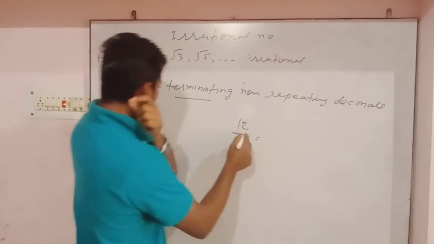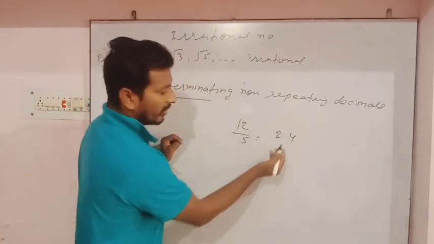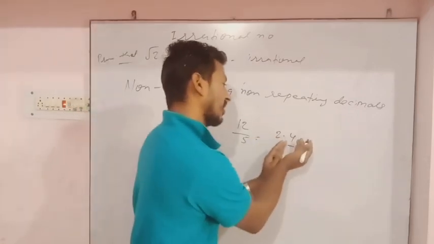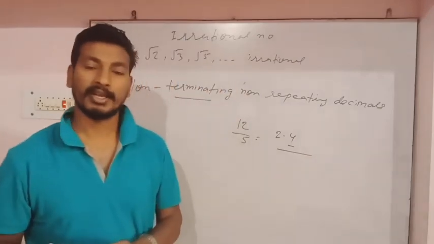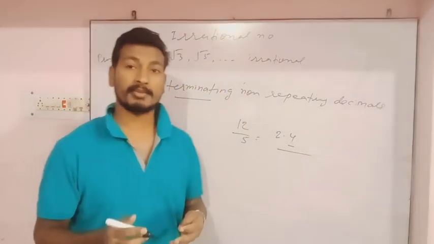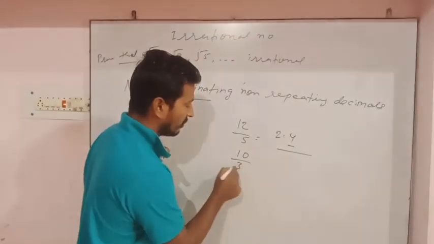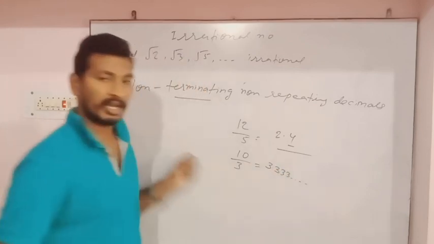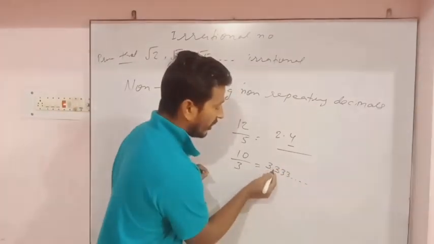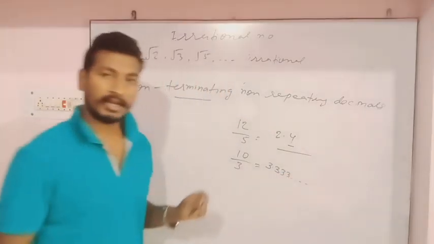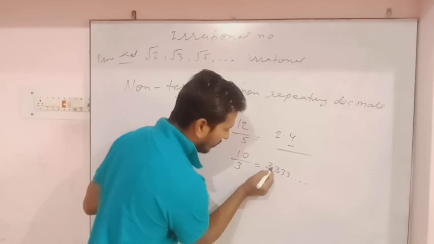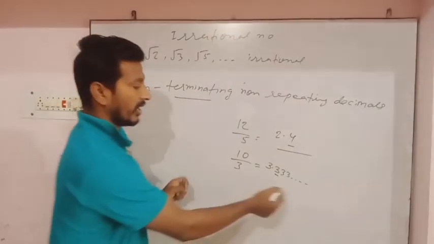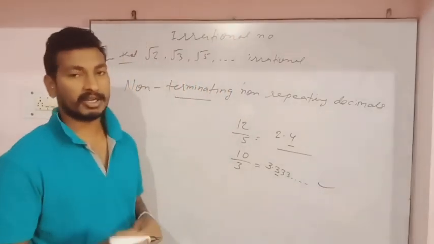When you divide 12 by 5, you get 2.4, and after the decimal you are getting a finite number of digits, meaning a fixed number of digits. Such a decimal is called a terminating decimal. And what is a non-terminating decimal? Like 10 by 3. When you divide this, you get 3, and 3 keeps coming, meaning infinite. So 3.333... It means that after the decimal there is no fixed number of digits, there is an infinite number of digits. Such decimals are called non-terminating decimals.